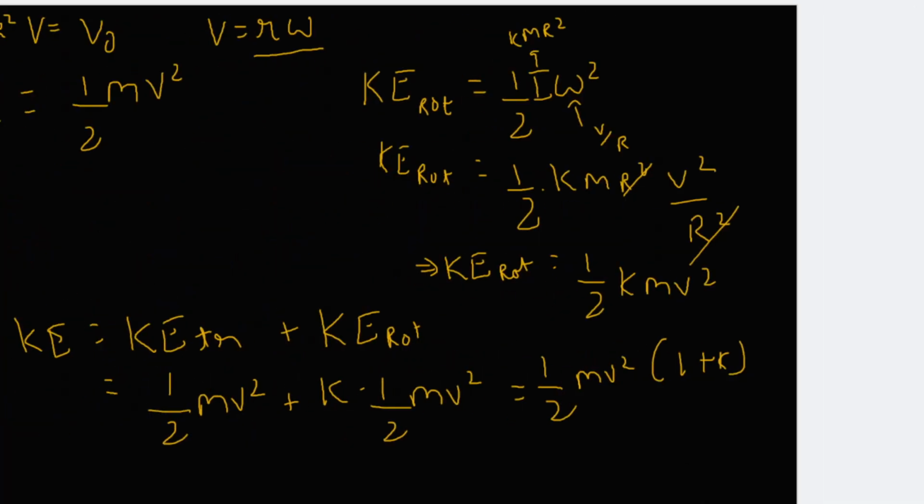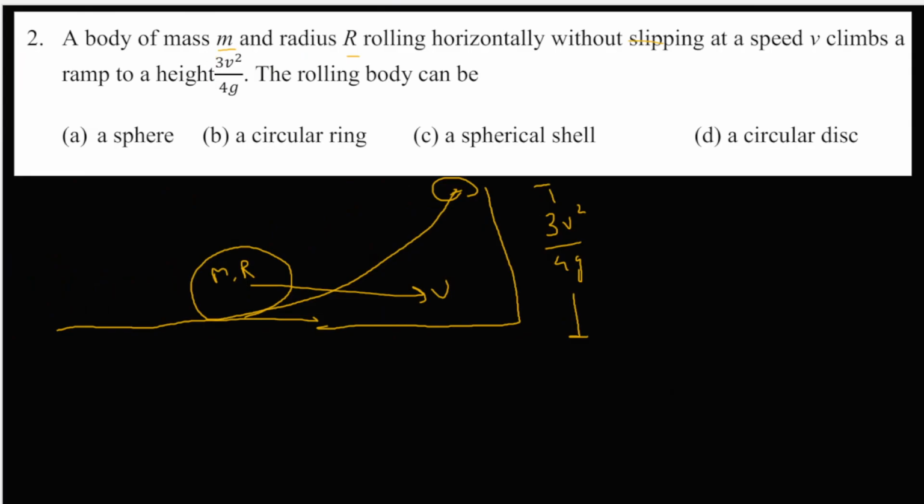But we know that energy is conserved in pure rolling. The friction doesn't do any work, it doesn't change the kinetic energy of the rolling object. So we will equate the loss in KE to gain in gravitational potential energy, GPE. So in the question, what height did they tell us? It went till 3v square by 4g.